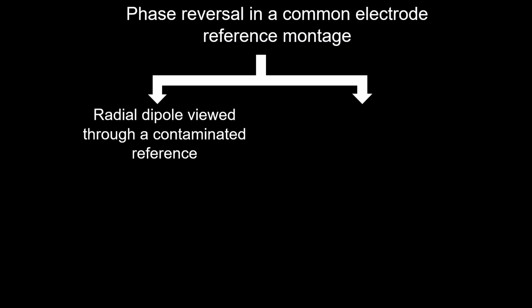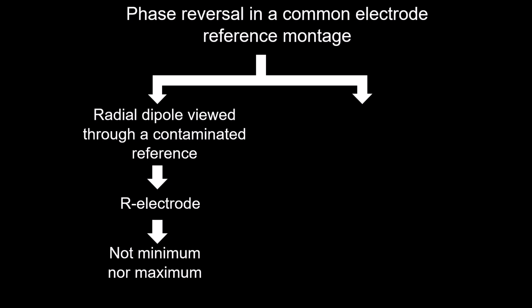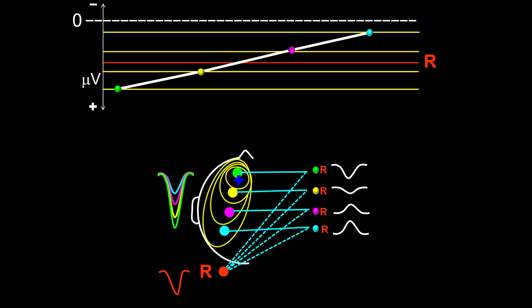We are either dealing with a radial dipole with only one pole visible to the electrode recorded from a contaminated reference, in other words from a reference electrode neither the minimum nor the maximum of the field. This frame, which includes a voltage graph and an isopotential map, depicts this possibility. As you can see in this frame, I have represented an isopotential map corresponding to a radially oriented dipole producing a single positive generator at the scalp.